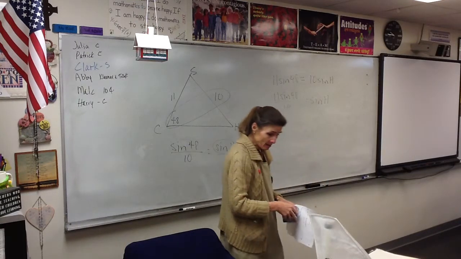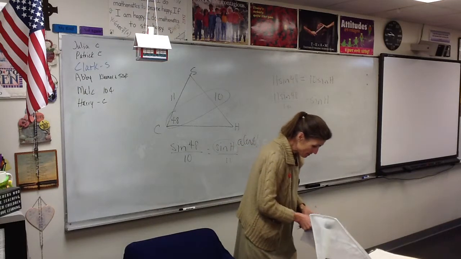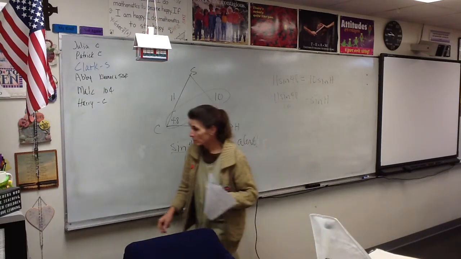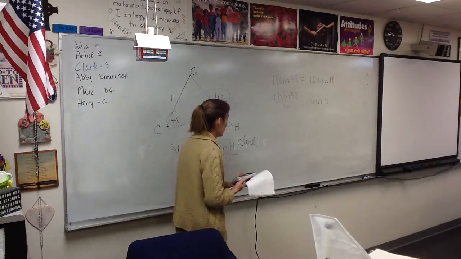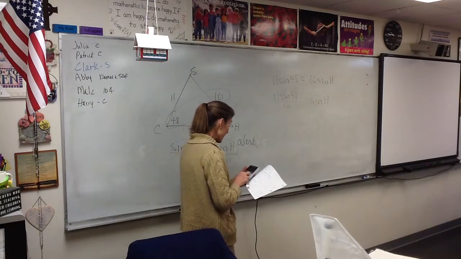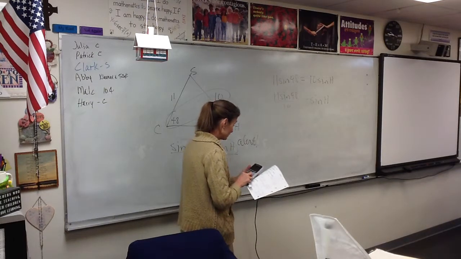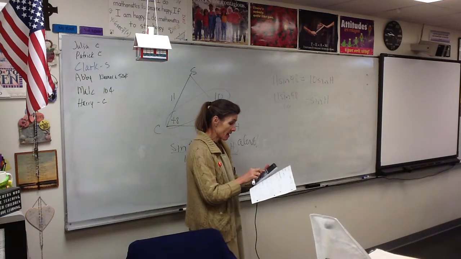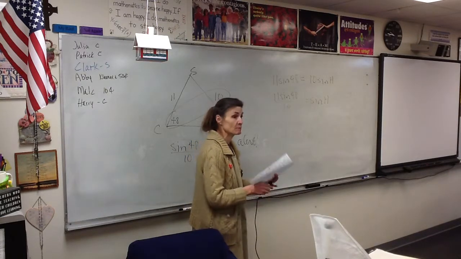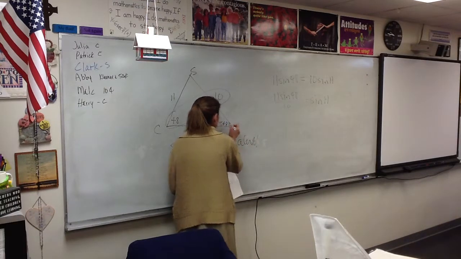So then I get my calculator out, and I'm going to type in that fraction, and I'm going to get a decimal. And then what am I going to have to do to that decimal? I'm going to second sine, second answer that decimal, right? And I get 54.83.